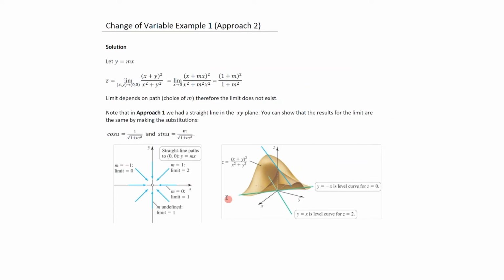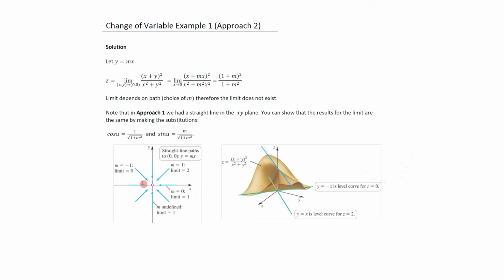All right, so if we're to draw this on a diagram, which is what you see down here, you can see that for m equals 1, you have a line in the first quadrant. For m equals 0, it's along the x-axis. For m equals minus 1, it would be in the second quadrant and the fourth quadrant.